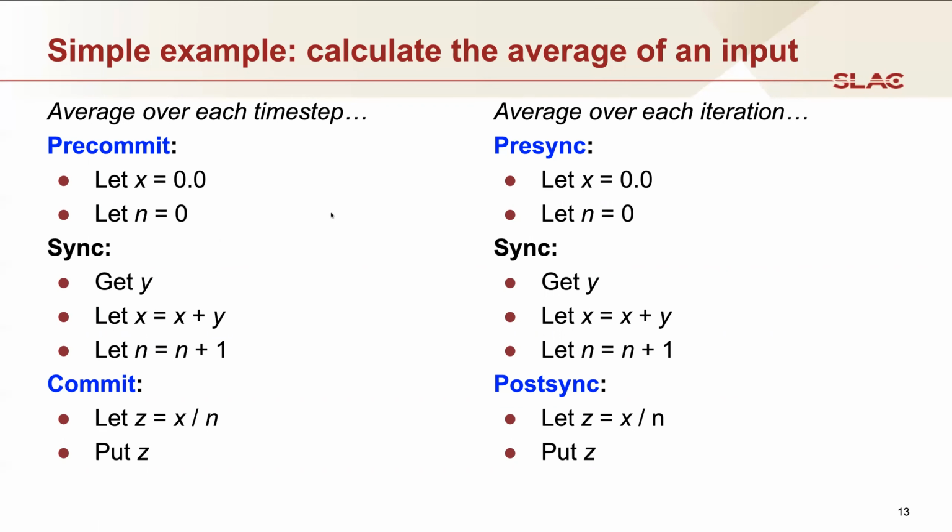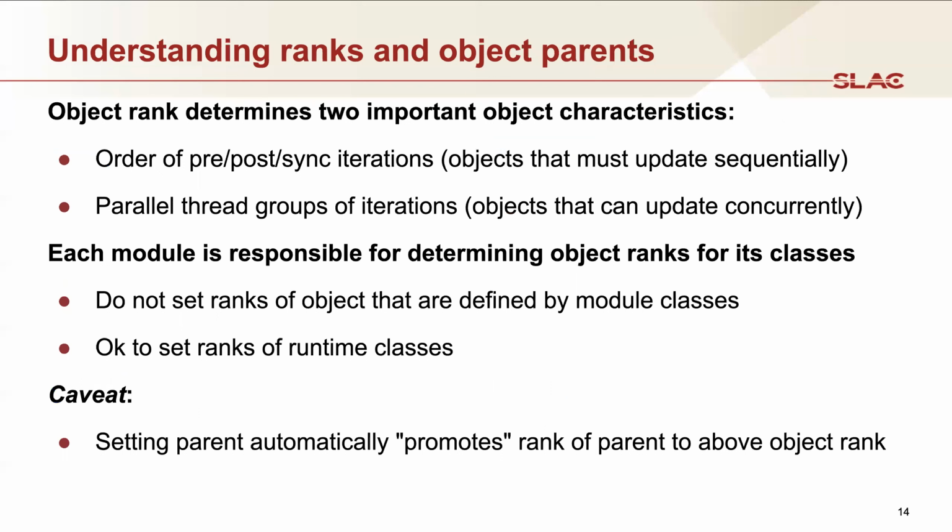And generally, that's how we design the behavior of each object in Gridlab-D. So that's basically how the core itself works. Other than that, I think what's important to understand is how the ranks work, because the ranks determine the order in which objects are updated.